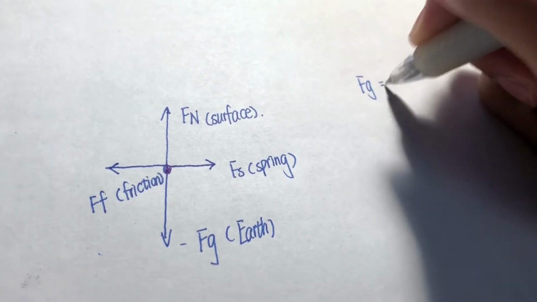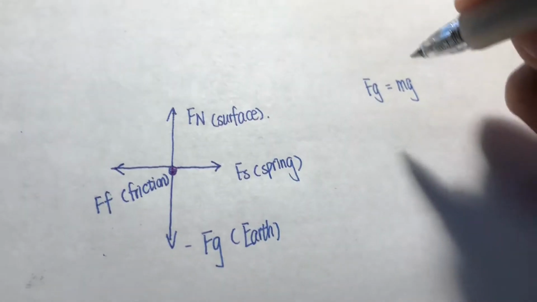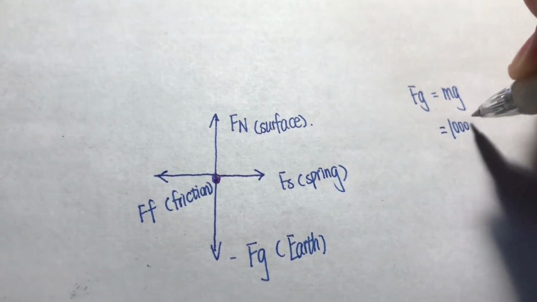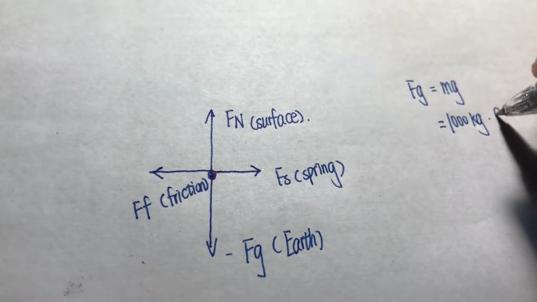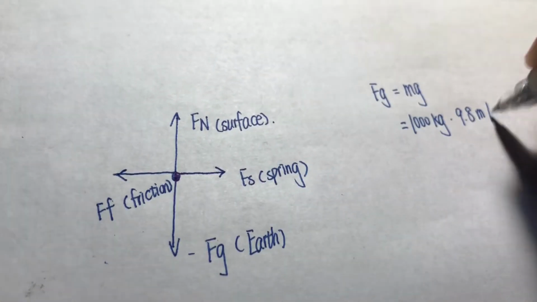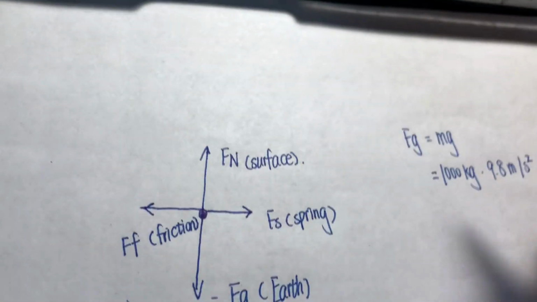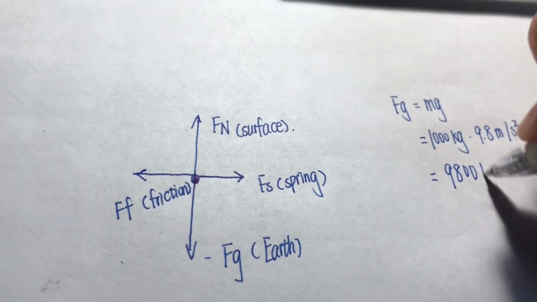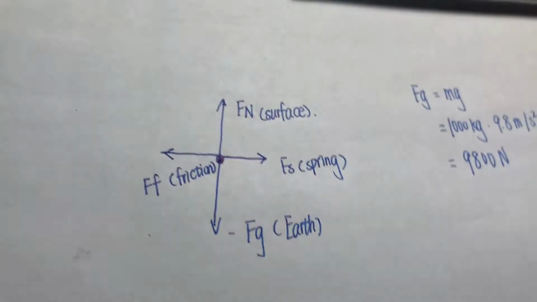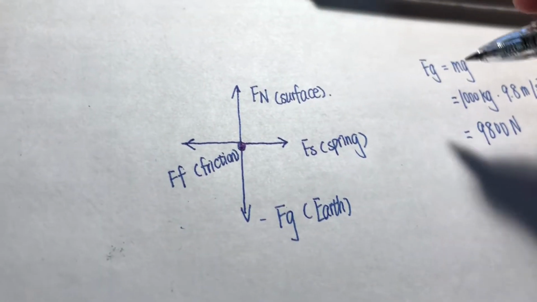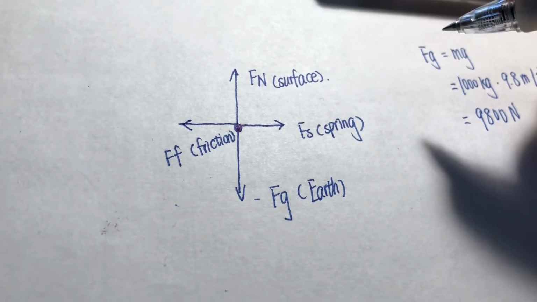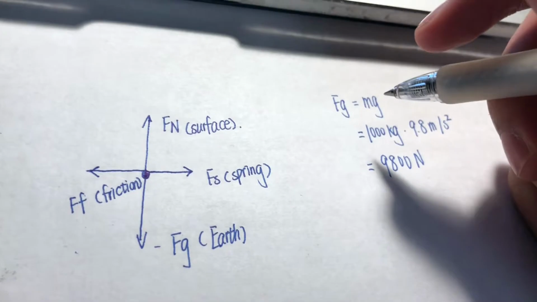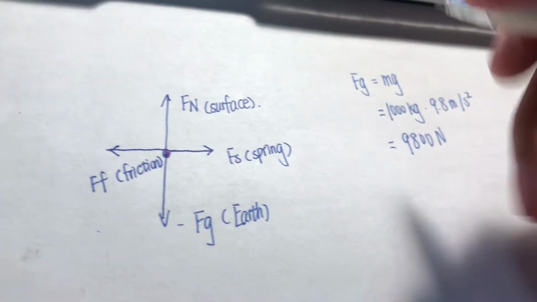Fg equals mg equals 1000 kg times 9.8 meters per second squared, and Fg equals 9800 newtons. Since it is at constant speed, the net force in the y and x directions will be 0.